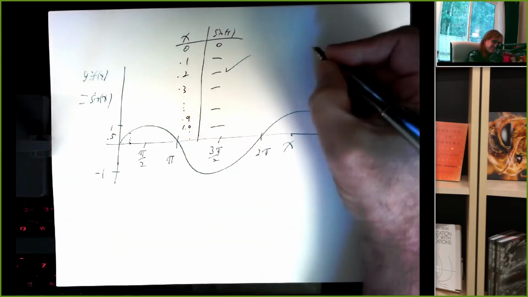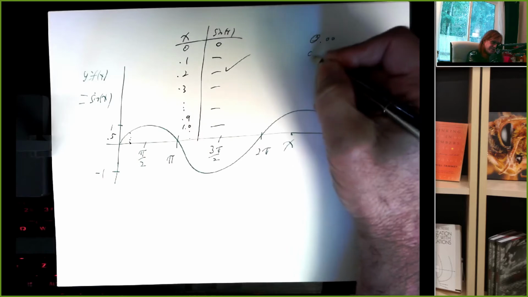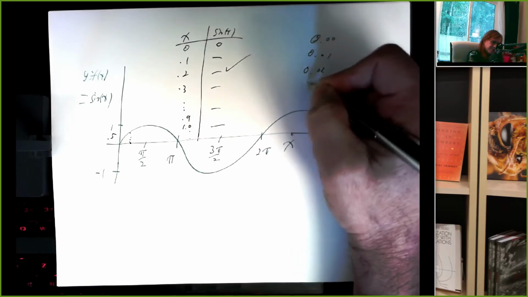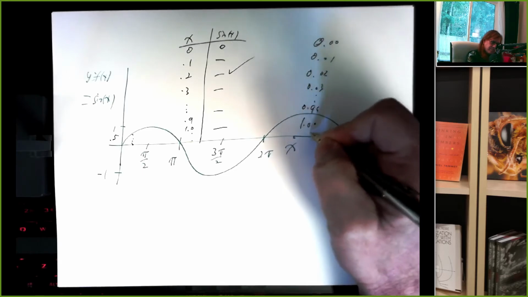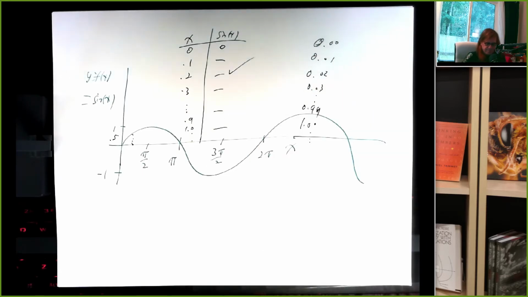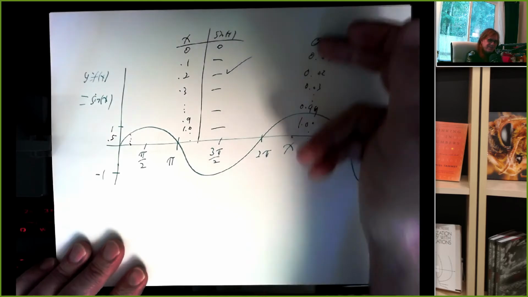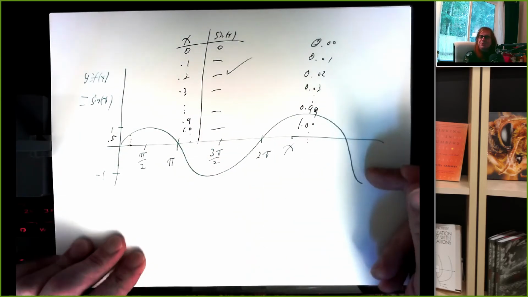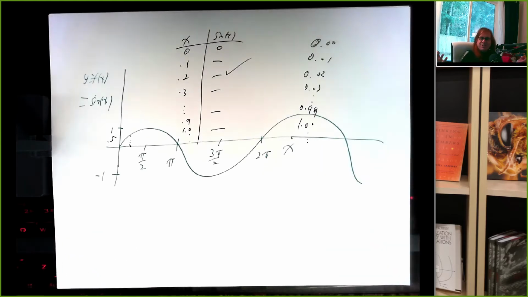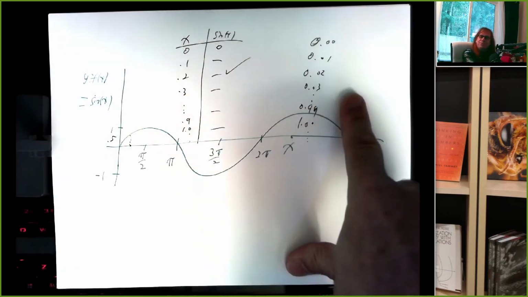I'd start off with 0, and I'd do 0.01, 0.02, and so on. And if you imagine a really, really detailed table with every possible real number here and the value of the sine of that real number written next to it, that's the sine function. That's what it is. It takes a number and it gives you another number.